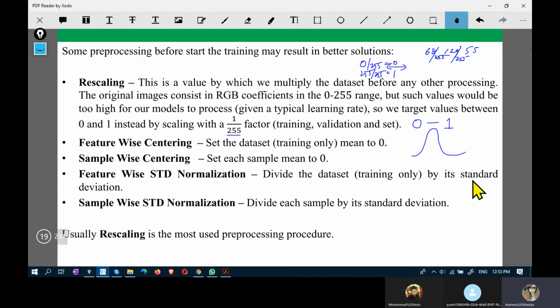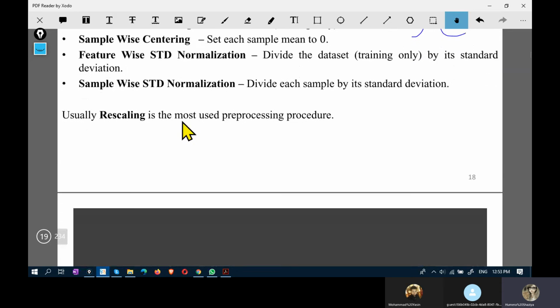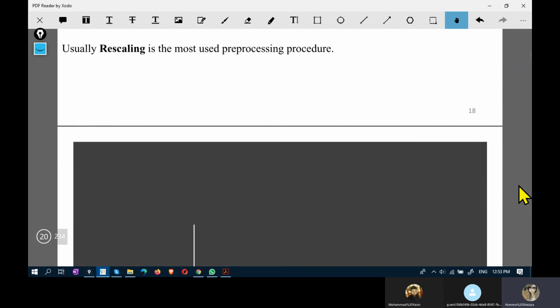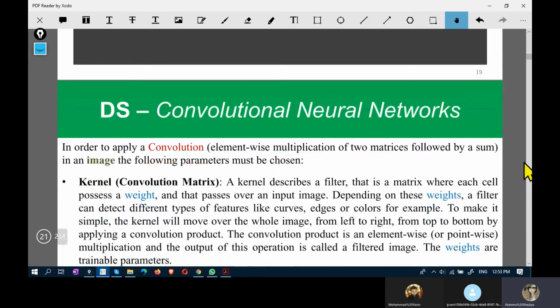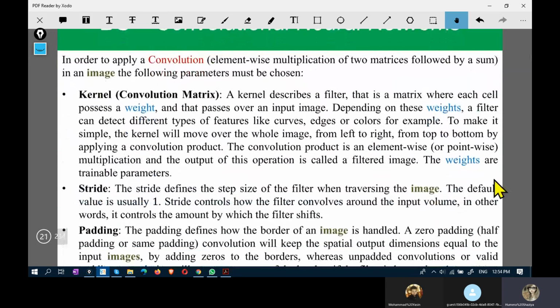You can compute its standard deviation and divide the data by it, then it is like you are normalizing based on the feature. Sample wise, you divide each sample by its standard deviation. Here you divide the dataset, only training dataset, by standard deviation. Here you divide each sample, training, testing and everything. Okay, so rescaling is the most used pre-processing procedure, which is nothing but dividing the pixel values by 255.